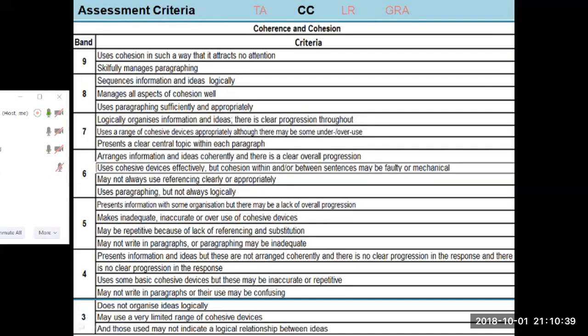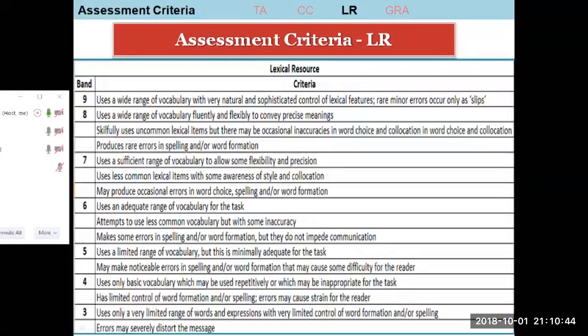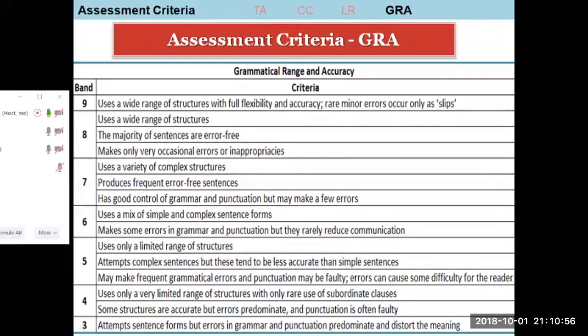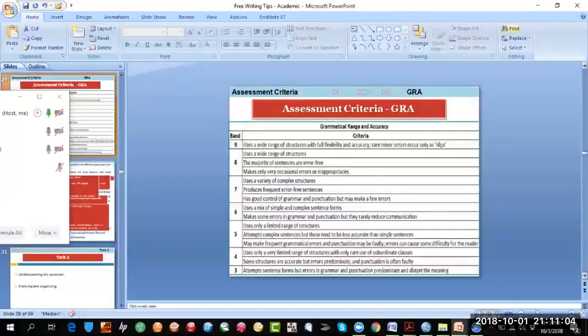Okay. Halima, are you done? Yes, sir. Okay. Lexical resource. Yes. Already done. Yes, sir. And then grammatical range and accuracy. Yes, okay. Sir, any questions so far?